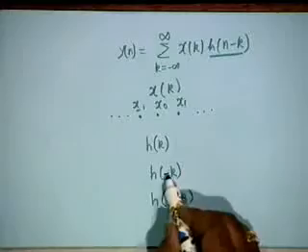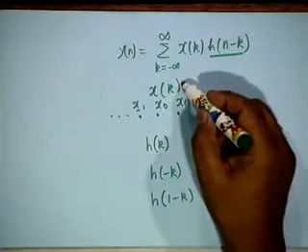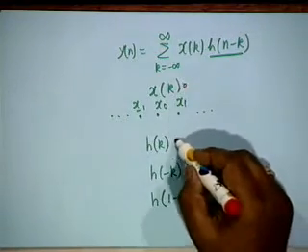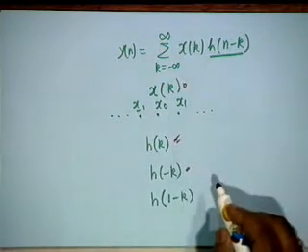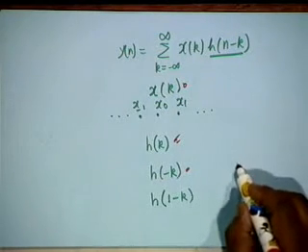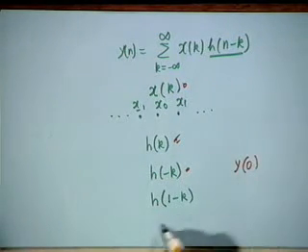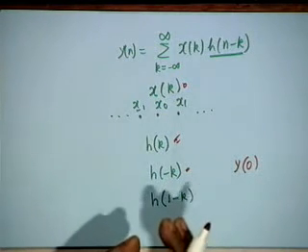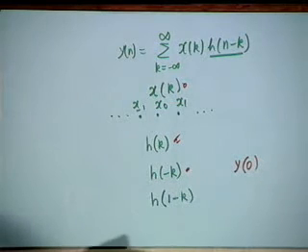Then you find h of, let us say, 1 minus k. N varies from 0. If you multiply the corresponding signals of x of k and h of minus k, then you will get the value of y of 0. Then you find h of 1 minus k. What is h of 1 minus k? It is h of minus k shifted to the right by one sample.